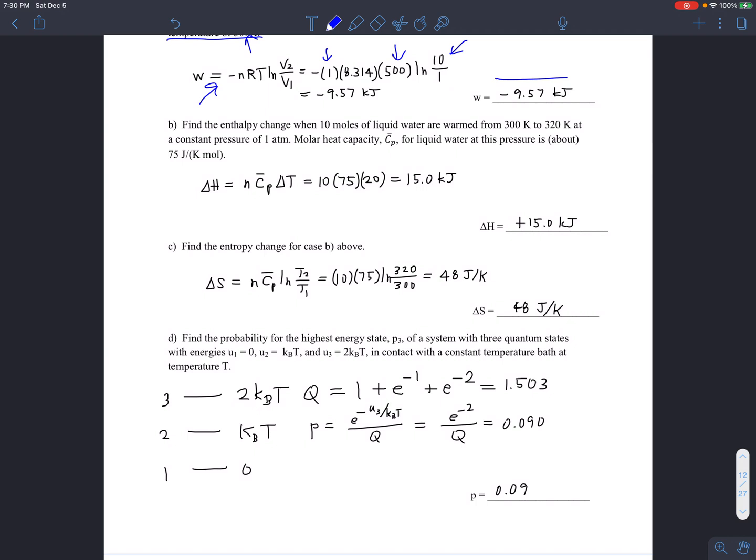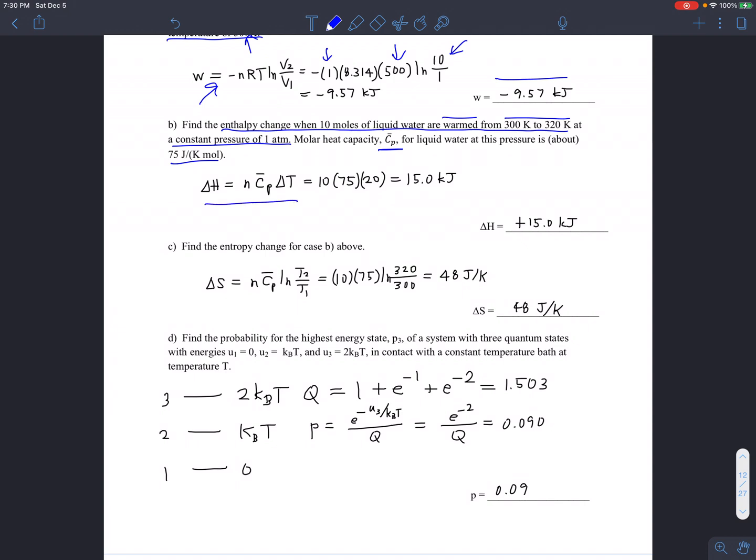Second problem is also simple. Find the enthalpy change when 10 moles of liquid water are warmed from 300 K to 320 at a constant pressure of 1 atmosphere. The molar heat capacity at constant pressure for liquid water at this pressure is about 75 joules per K per mole.